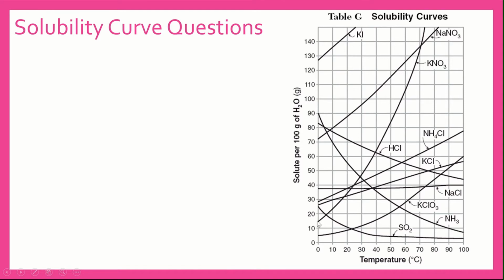Each line is identified as a particular salt, and we still have our amount of salt per 100 grams of water. Make sure you're watching that, they can change that number on you. And the temperature of the water should always be from 0 to 100. You don't really have liquid water below 0 or above 100, so this will probably always be a 0 to 100 degrees Celsius graph.